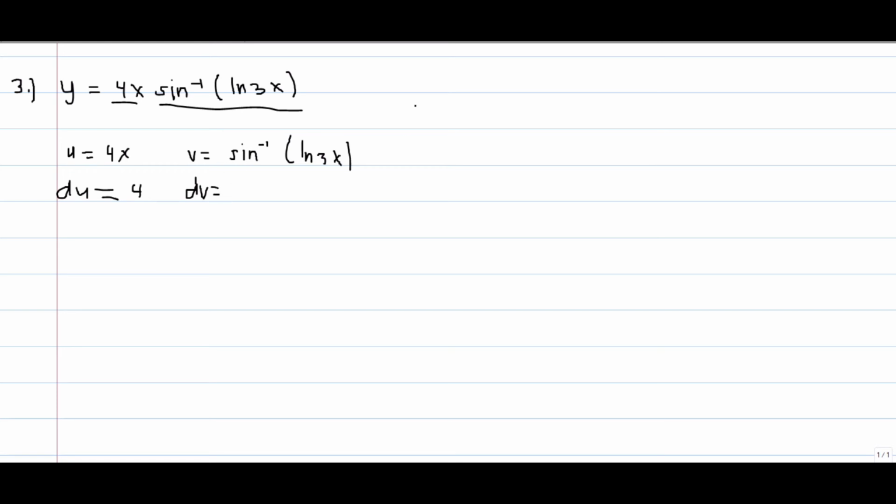dv here. Take note that the derivative of ln u is equal to du over u. Then another is the derivative of sine inverse u, that is equal to du over the square root of 1 minus u squared.